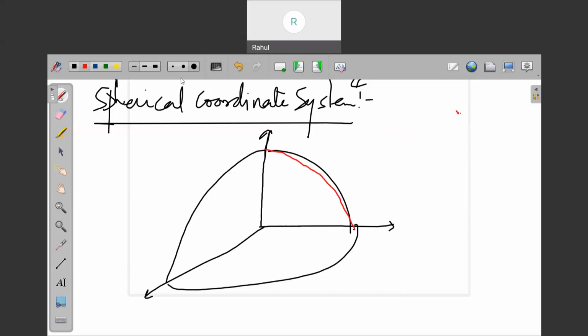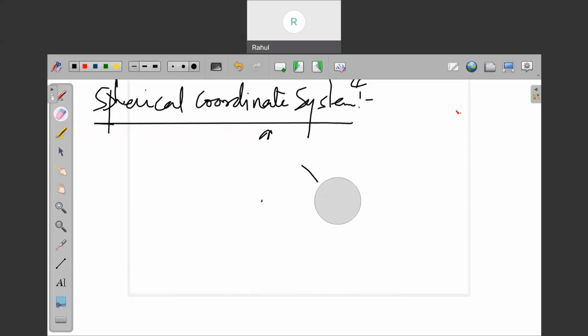Let me draw this properly. Just draw one octant. This is spherical. Let me erase this and draw again.